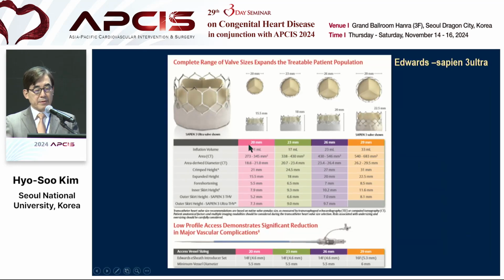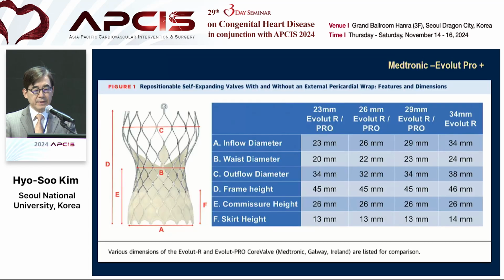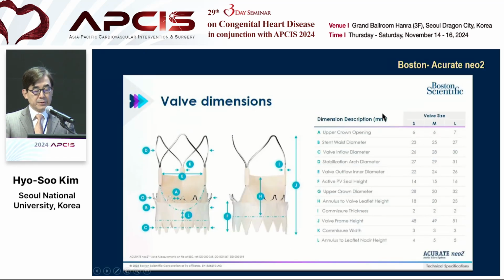This is SAPIEN 3 Ultra, an intraannular design with short stature. Thus, this is a very good choice of valve for the future TAVI in TAVI. Evolut Pro is a supraannular design providing wider orifice area. AcurateNeo2 is a supraannular design providing wide orifice area as well as easy coronary accessibility because we can adjust commissural alignment.